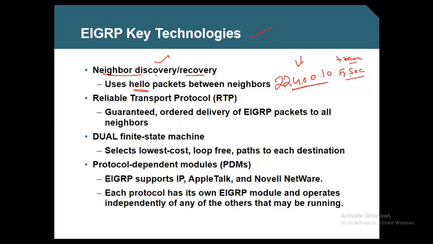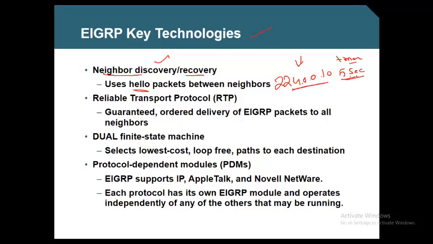Now, after a neighbor is discovered, the neighbors will be maintained. How? By sending hello packets every 5 seconds and receiving hello packets every 5 seconds. After forming a neighbor, it won't go quiet.